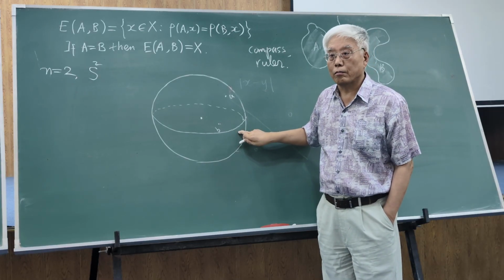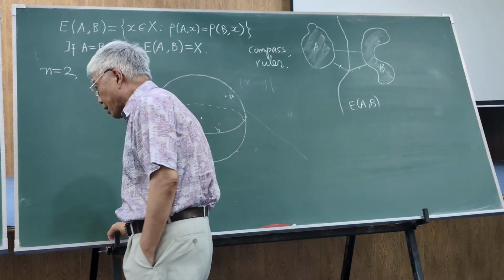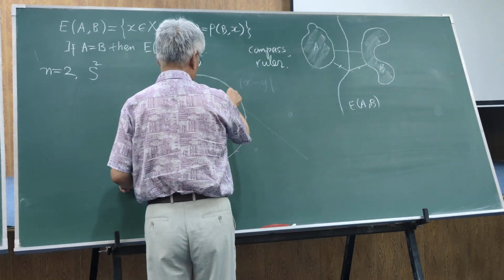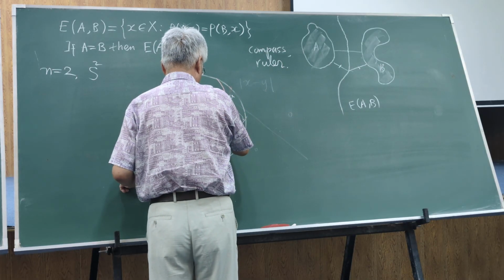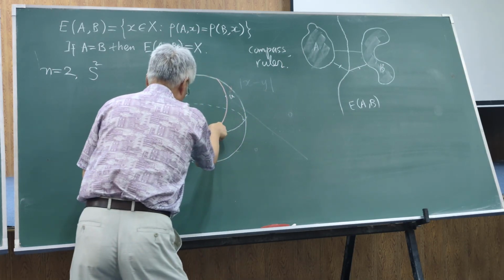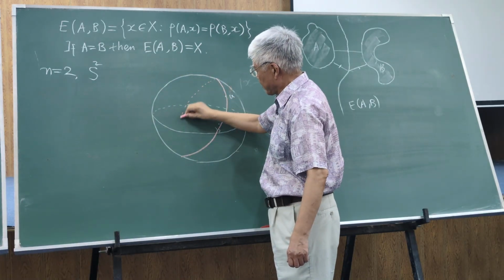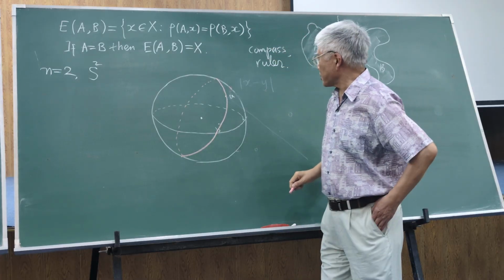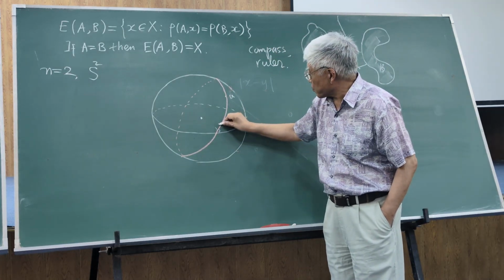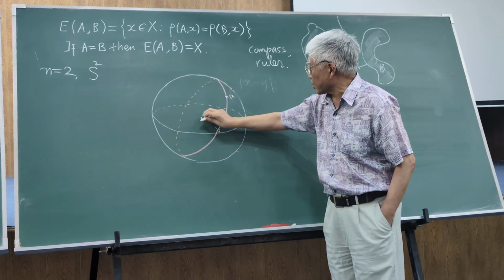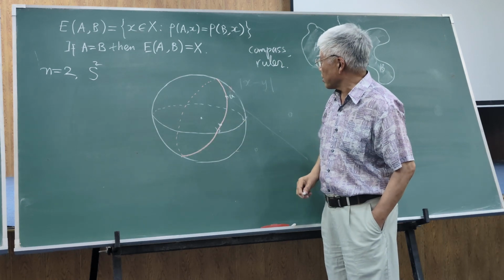In a great circle. So that great circle would look like this. I have nice drawings in my slides. This is the plane through those 3 points, this point, that point, and that point. And this intersects the space in a great circle.